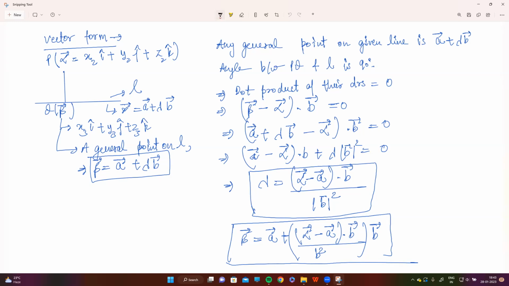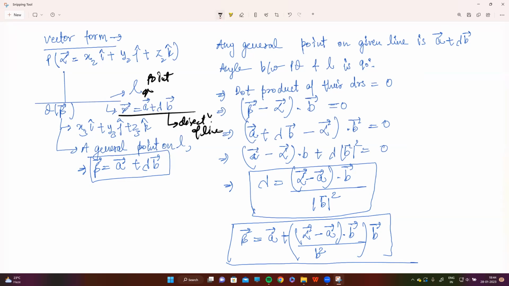A general point on L, any point on this L, can be taken as a plus lambda b. Because how did you represent this line? Let's say R is some point on this line, then that point can be represented as a plus lambda b. That is how you define the line. To define a line, a point is needed, and this is the direction of the line.